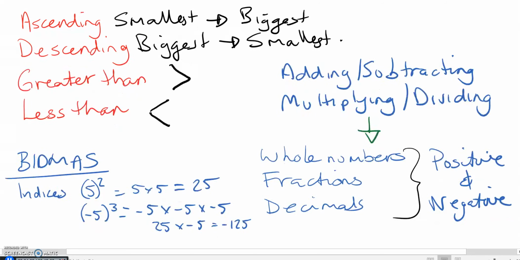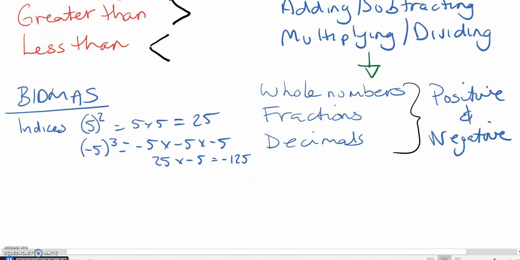Okay. The next little thing we also need to think about, again, I'll give a couple of examples later on in the video, is looking at the Cartesian plane. And in regards to that, we'll be looking at the quadrants.